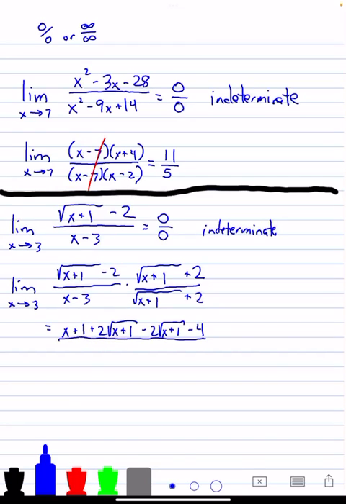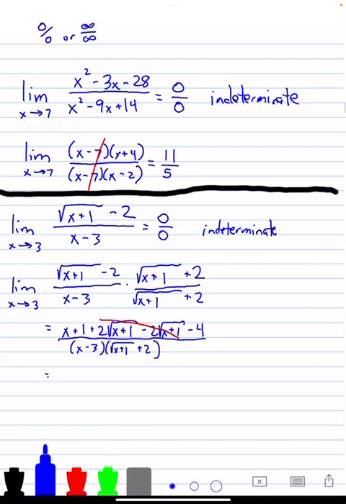Now, the denominator we're going to end up getting is x minus 3 times the square root of x plus 1 plus 2. Let's keep moving, and then we're going to simplify. So the first thing I would do, I would cross this out and simplify.